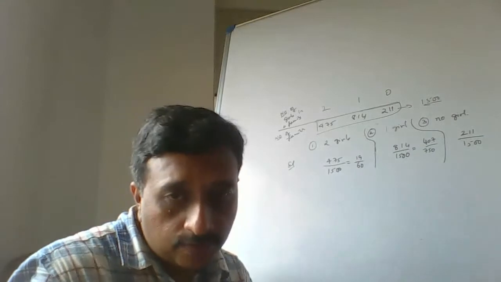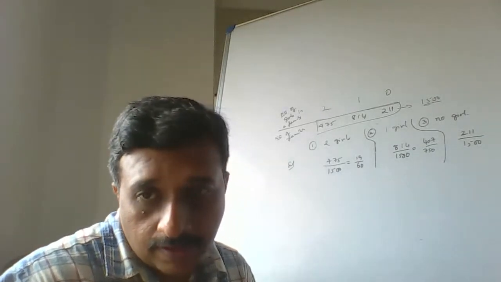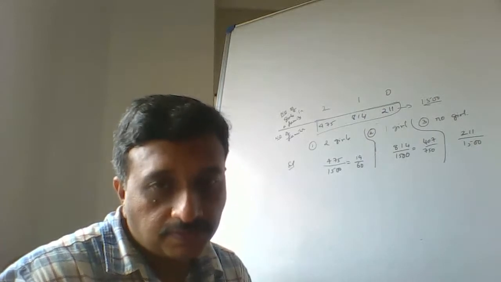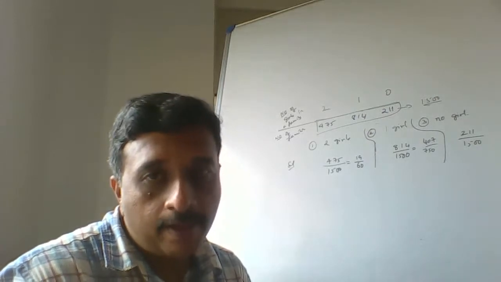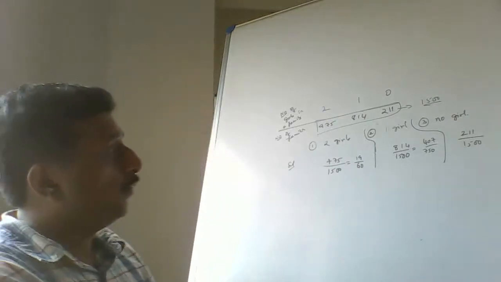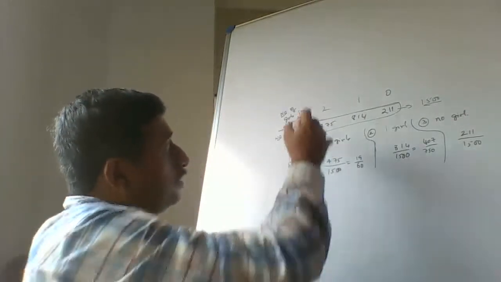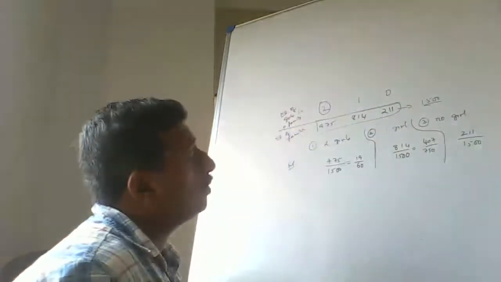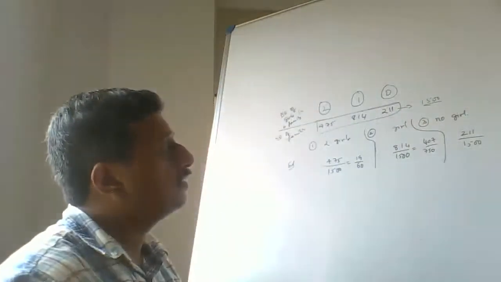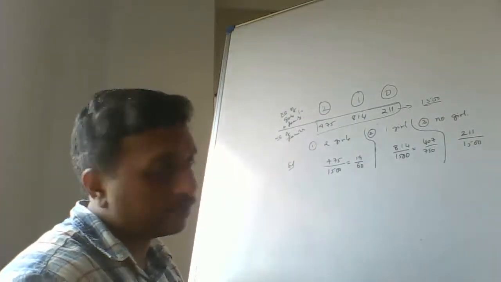Let me put it in a nice format. Any queries? No. Okay. See here, when you look at this problem, this is for one girl in a family, this is no girl in a family. In the question itself, you have the answer.